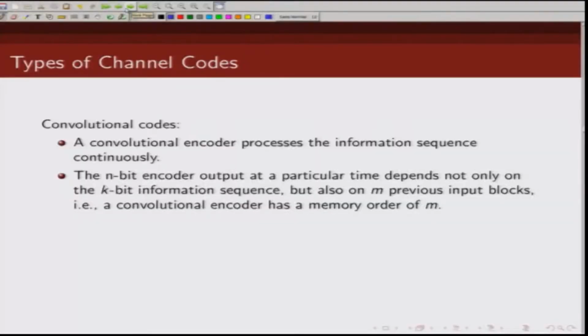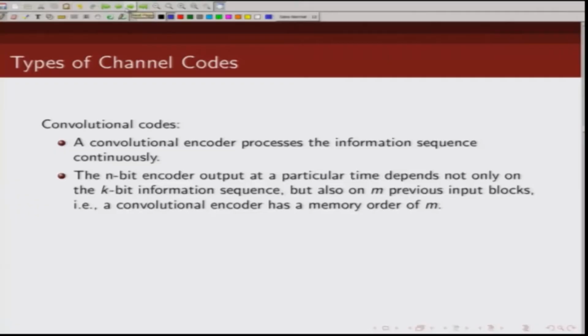The second difference is the encoding in convolutional code is with memory. In other words, the current output not only depends on current input, but it also depends on past inputs and outputs. Okay. So, unlike block codes, in convolutional codes the output depends on past inputs and outputs.